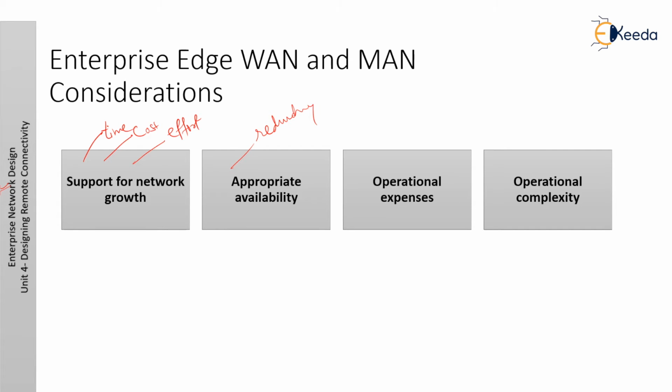Operational complexity is the next factor. Cisco MAN and WAN technologies have varying levels of inherent technical complexity, so the level of technical expertise required within the enterprise also varies in most cases. Businesses can upgrade their MAN and WAN and take advantage of the expertise of existing IT staff, requiring minimal training.